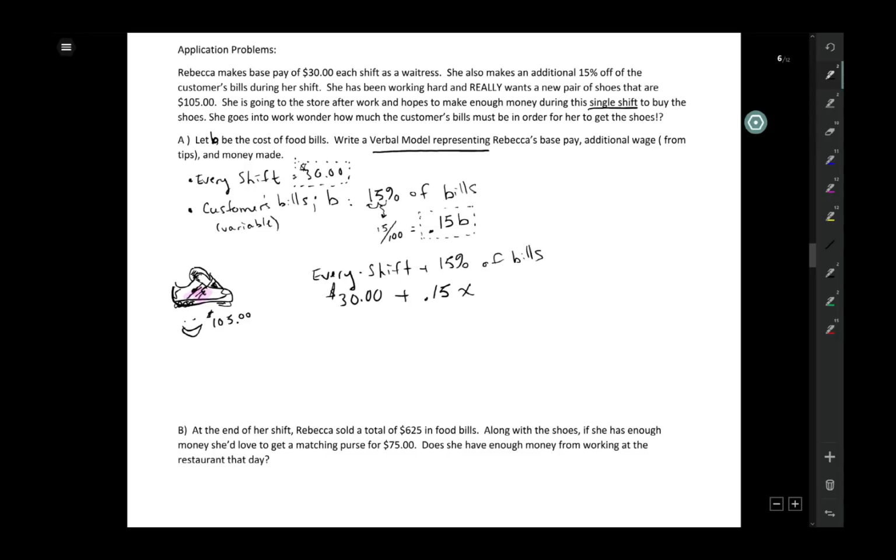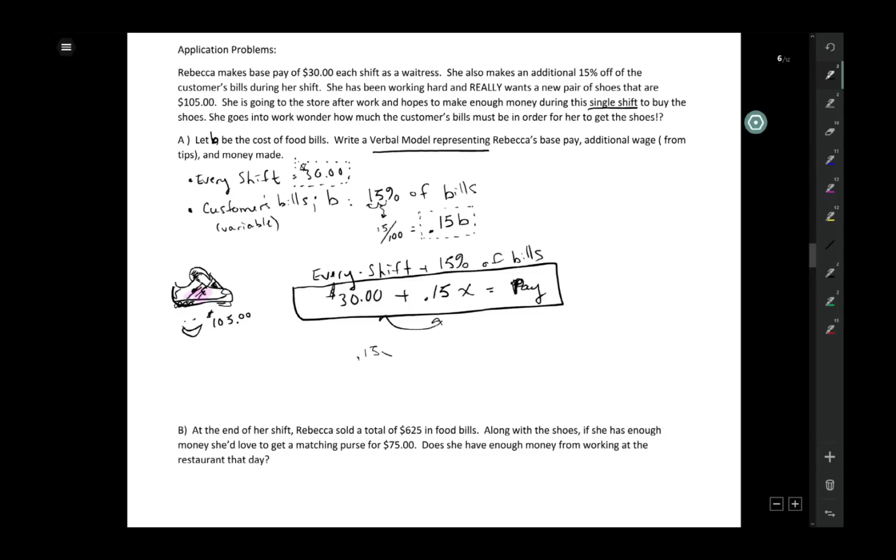And we know that that is her pay for the day. Here's your verbal model. Equals P, where P equals pay. As long as you have this, that's fine.